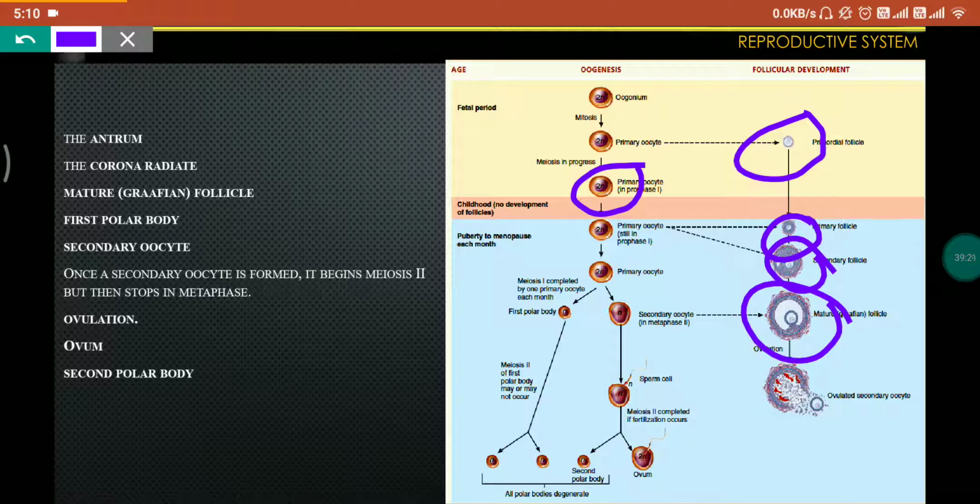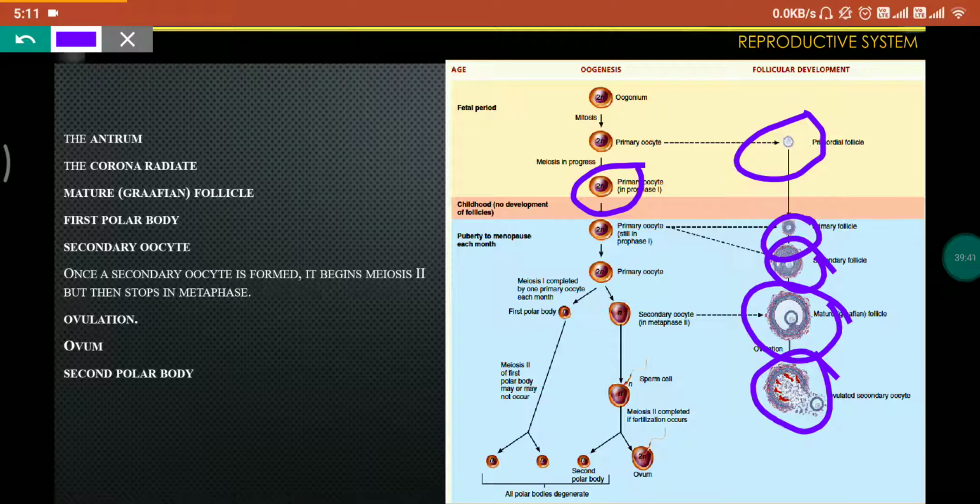So females release only the secondary oocyte, not the ovum. The secondary oocyte will be released through ovulation. The process of release of the secondary oocyte out of the ovary is called ovulation.